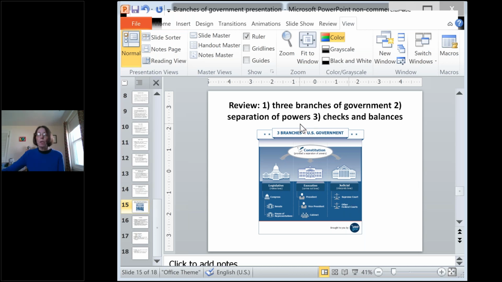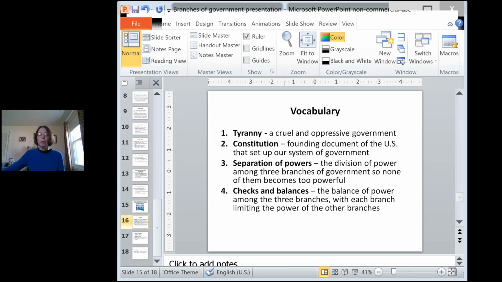Separation of powers: the idea is to separate powers, because we don't want any one branch to get too much power. And then checks and balances: each branch can limit the power of the other branches. That's the whole idea. Then we're going to go over some vocabulary.